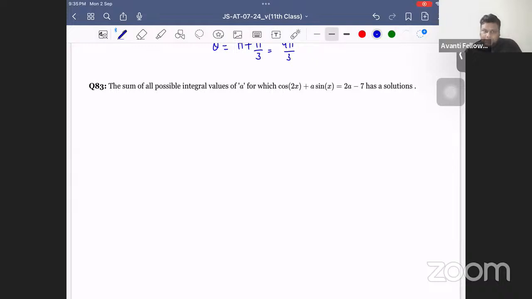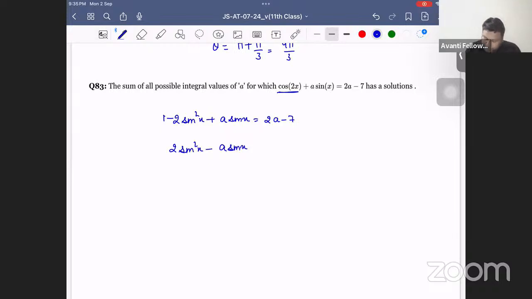Now, cos 2x is 1 minus 2 sine square x plus a sine x is 2a minus 7. I'm going to make a quadratic in sine x. So it is 2 sine square x minus a sine x plus 2a minus 8 equals 0.